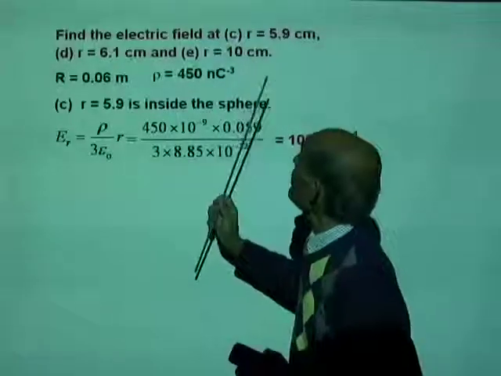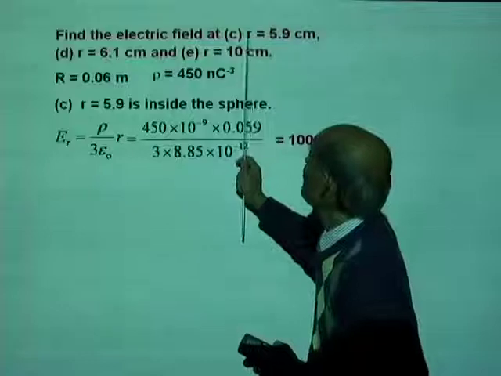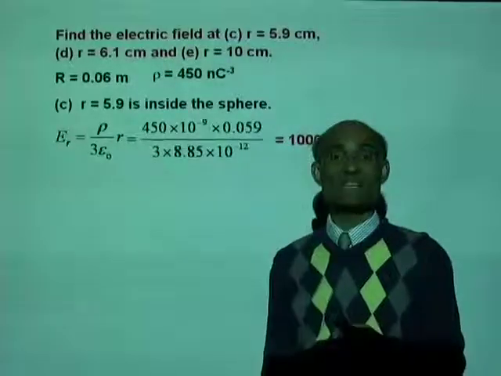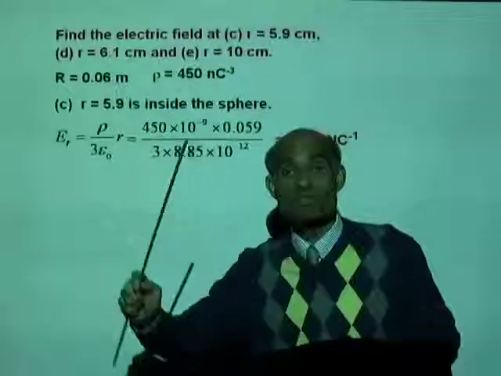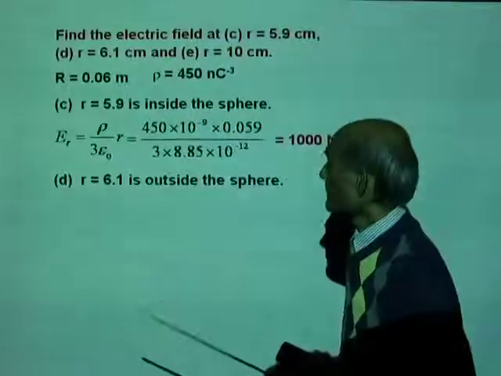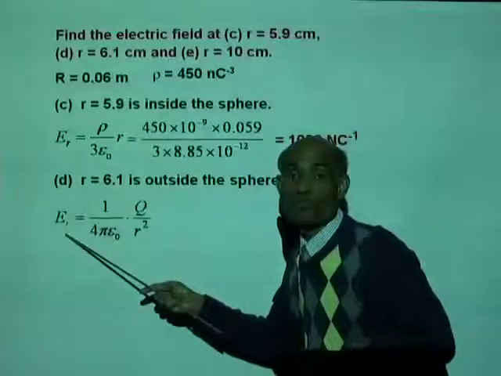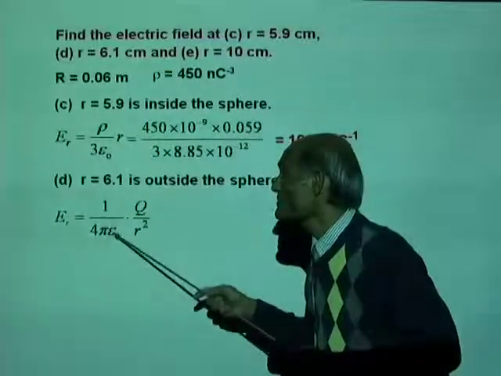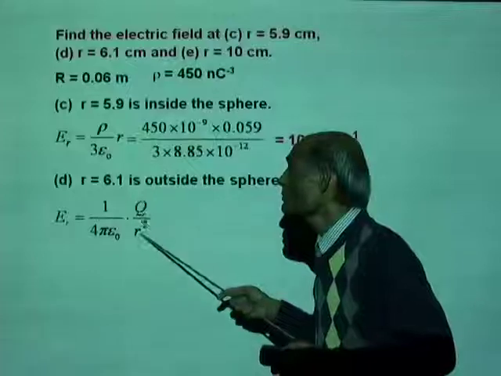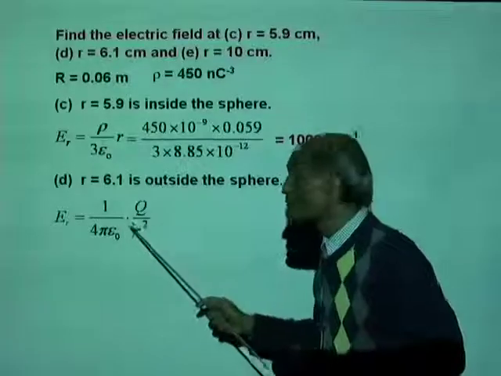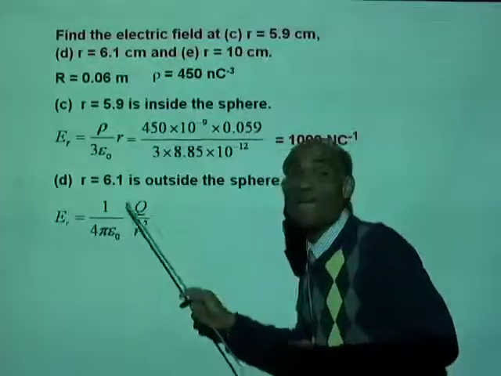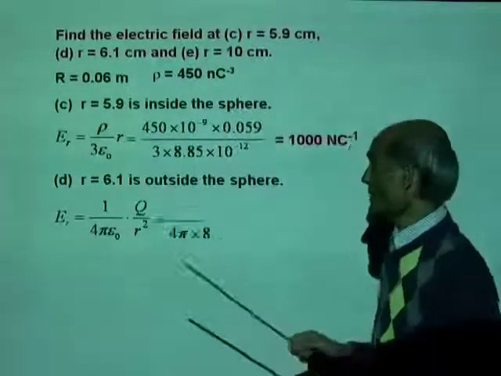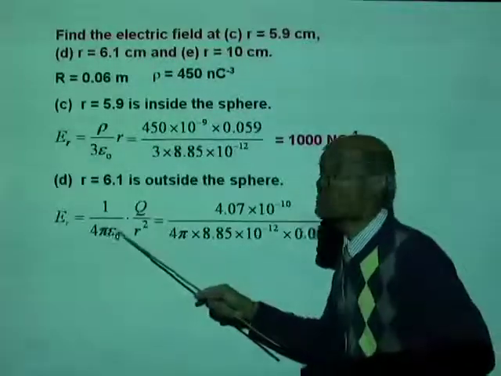And now I want to find the electric field at r equal to 6.1 centimeter. That's a point outside the sphere. The expression for the field outside is 1 over 4 pi epsilon naught q over r squared. This can be replaced by kq over r squared. Alright, let's use this relation.